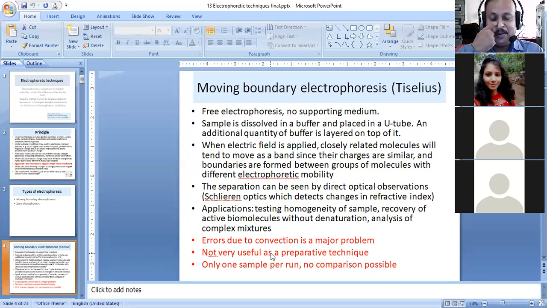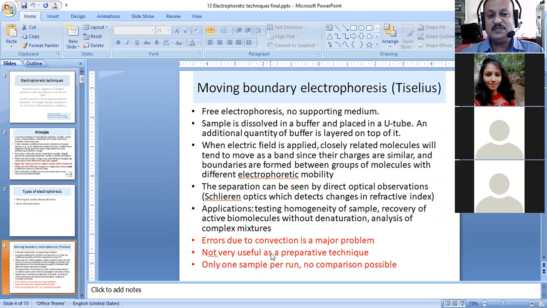What is convection? When the electric current is passing, we can expect that there is some resistance in the sample. As the electrophoresis proceeds, the resistance goes on increasing. Resistance means resistance to the flow of electricity. So when the resistance increases, heating effects occur. The buffer gets heated up, and when there is heating of the buffer, convection currents are produced.